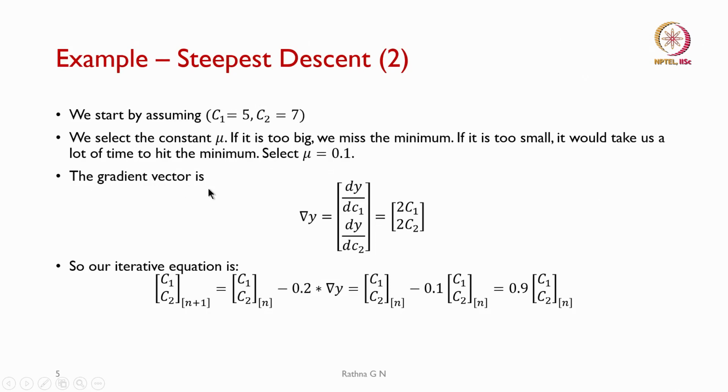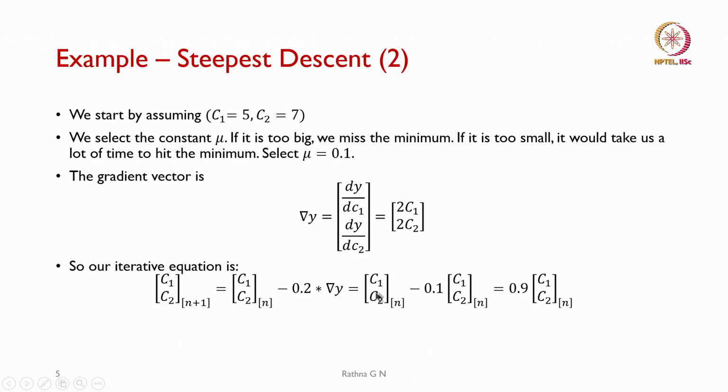The gradient vector is defined by dy by dc1 and dy by dc2, which is equal to 2C1 and 2C2. Our iterative equation is going to be: C1, C2 at n plus 1 is given as C1, C2 at n minus 0.2 multiplied by our gradient vector.